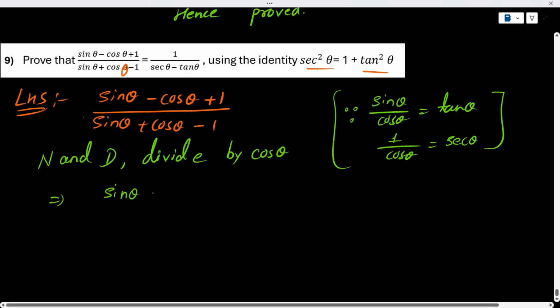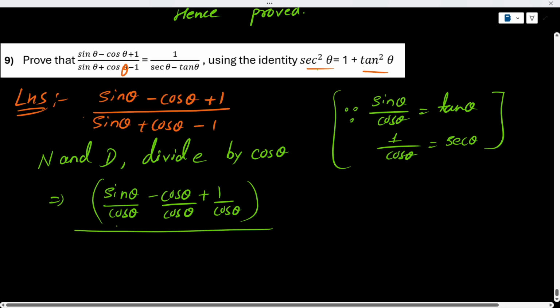So sin theta minus cos theta plus 1, this is your numerator, divided by cos theta. The denominator terms are also divided by cos theta, because all the terms have the same denominator, cos theta. Because you are dividing in the numerator, you have to repeat the same in the denominator: cos theta by cos theta plus cos theta by cos theta minus 1 by cos theta.